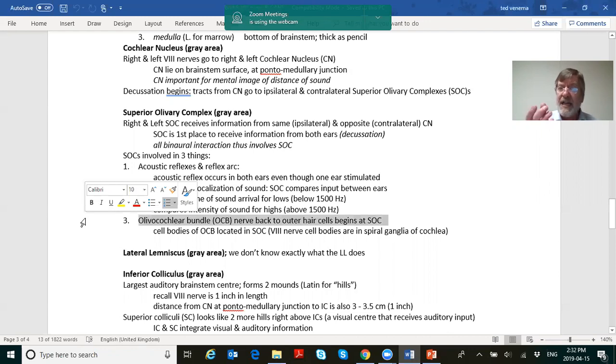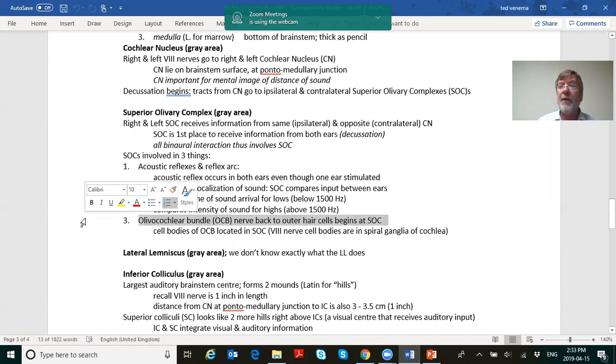Remember, there's only 1,800 fibers, and those 1,800 fibers have to innervate 12,000 outer hair cells. That's how the brain talks to the outer hair cells. And the cell bodies of the olivocochlear bundle are located at the superior olivary complexes. Weird, huh?